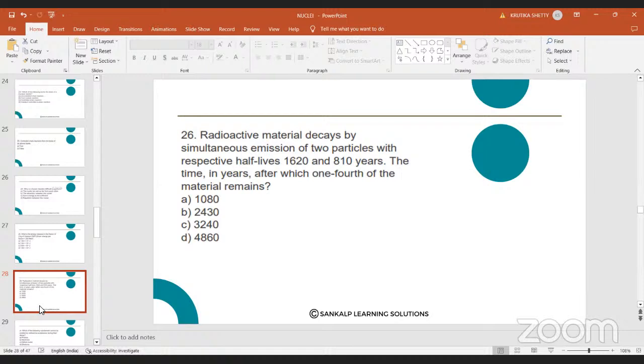So it is related to half-life period. How are we going to simplify this? So the question is, the radioactive material emits particles with the half-lives 1620 and 810 years. Yes, let us simplify this one. So Chandana is saying option B we will get. Let us see.